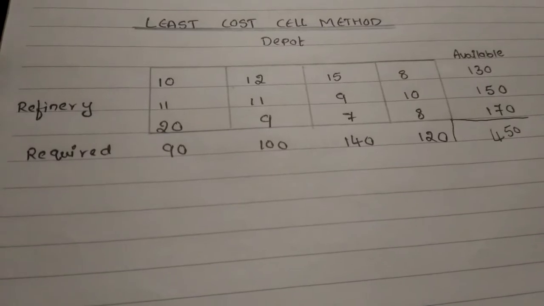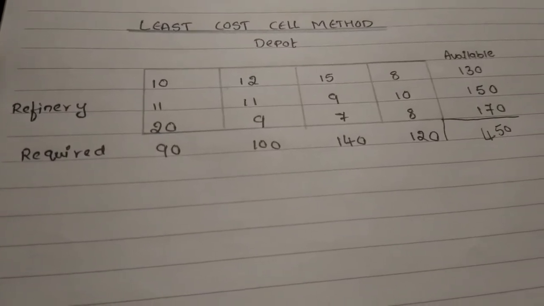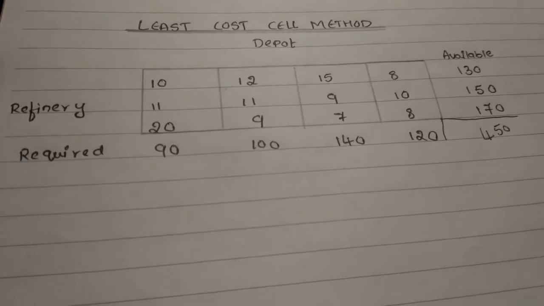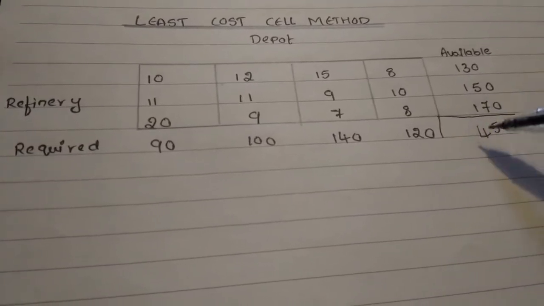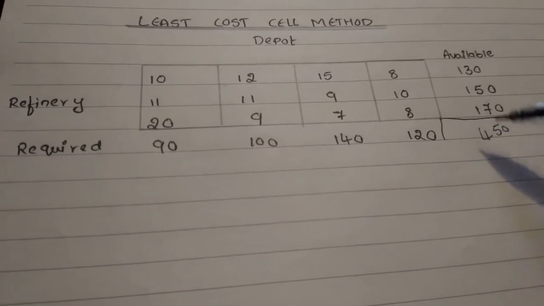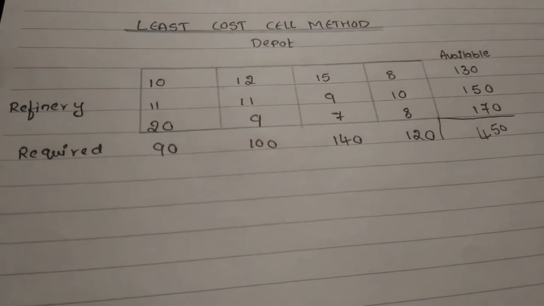With the sum of availability equal to the sum of requirement, we conclude that the given transportation problem is a balanced transportation problem. Let us start applying the least cost cell method.